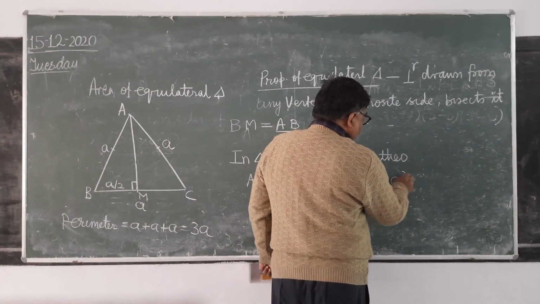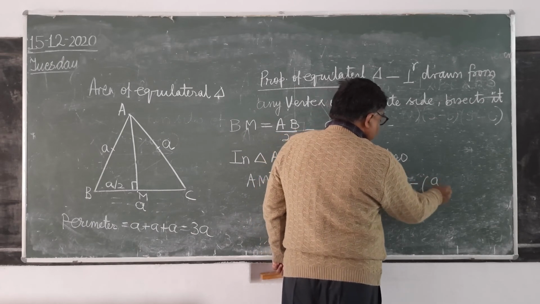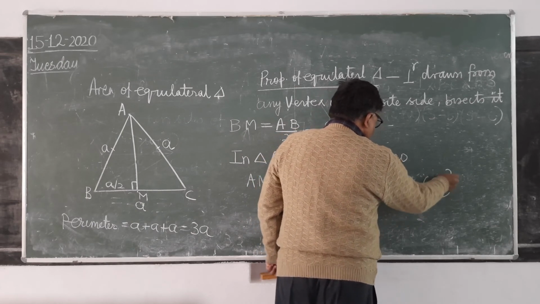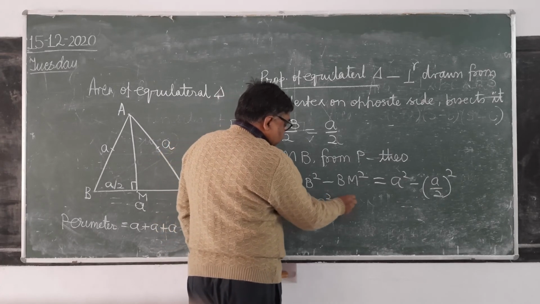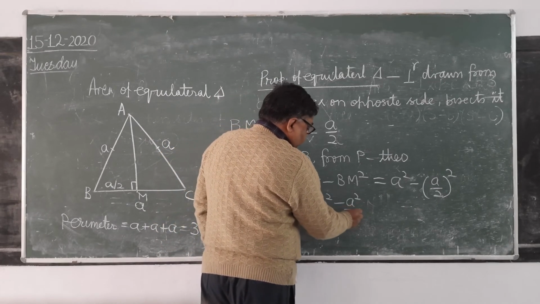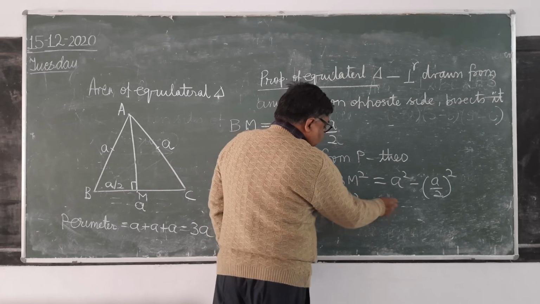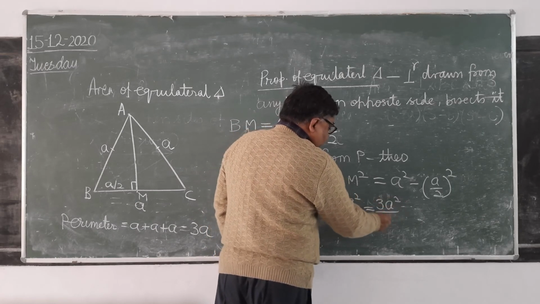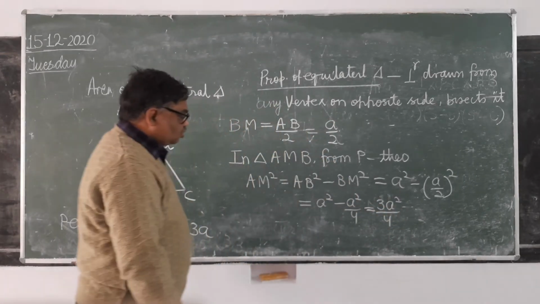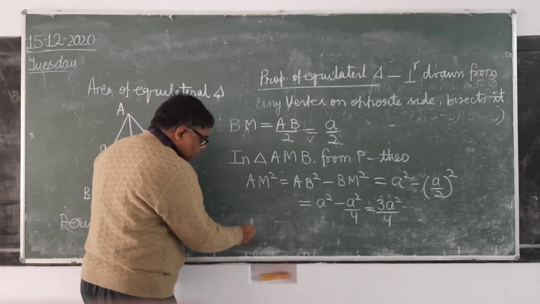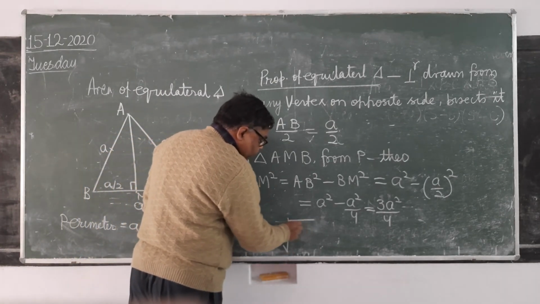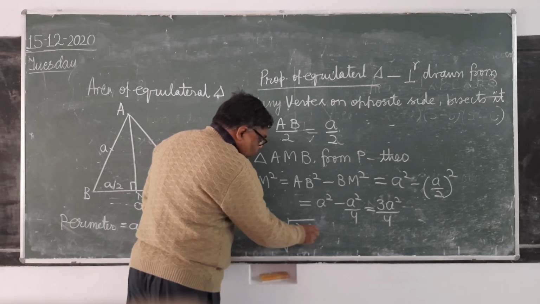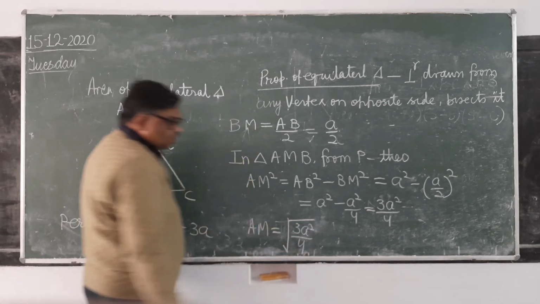So A square minus A by 2 whole square, that is equal to A square minus A square upon 4, that is 3A square upon 4. So what is AM here? The square root of 3A square upon 4.